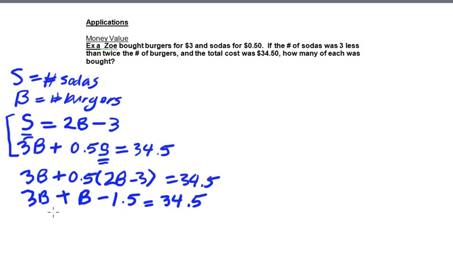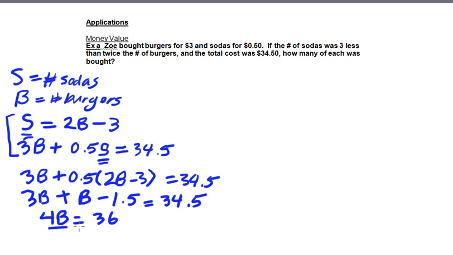And so combining our b terms, 3b plus 1b is equal to 4b. And then adding 1.5 to both sides, we end up with 34.5 plus 1.5 gives us 36.